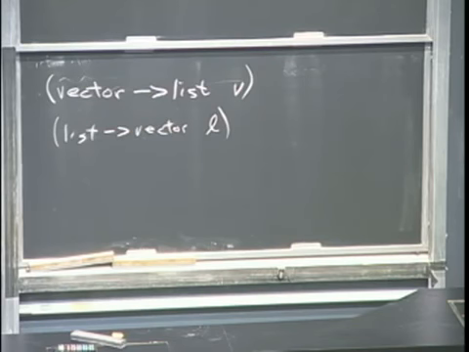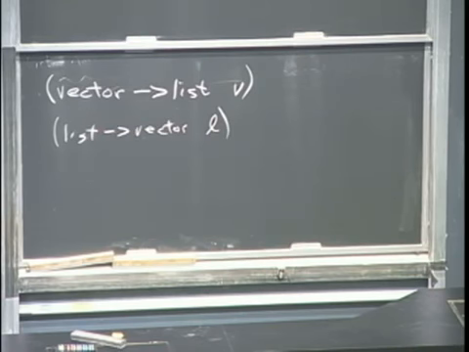What's the order of growth of the conversion? How much time does it take? Yeah, it's theta of n both ways. Because you have to visit every element. It's like the last row of my table there.